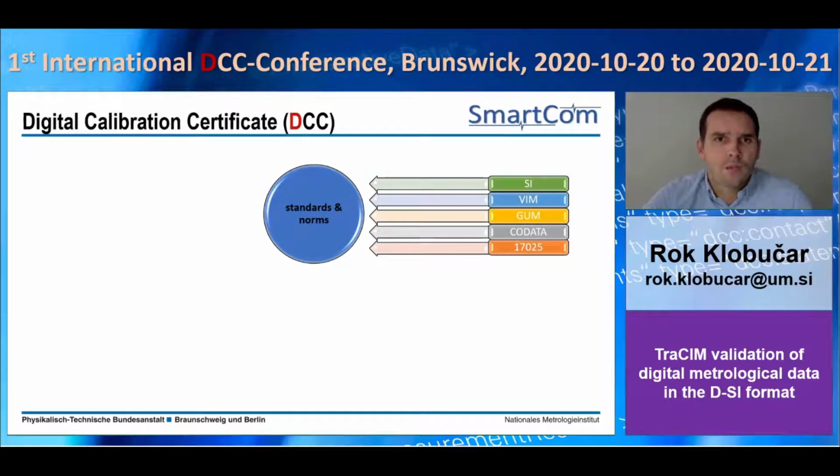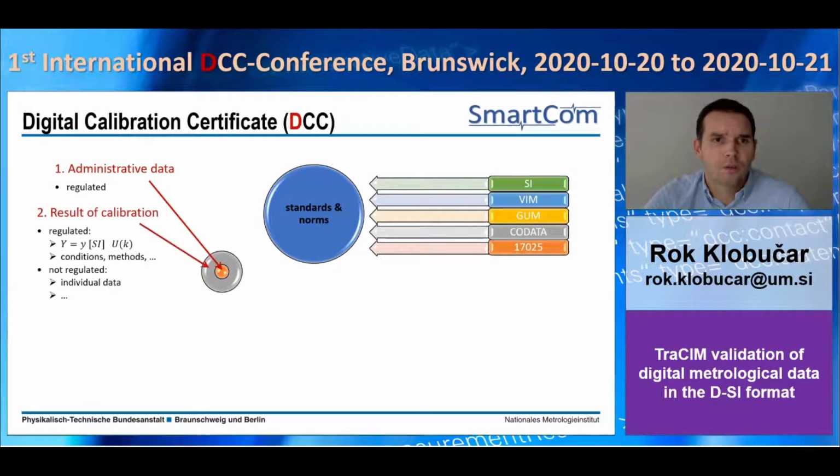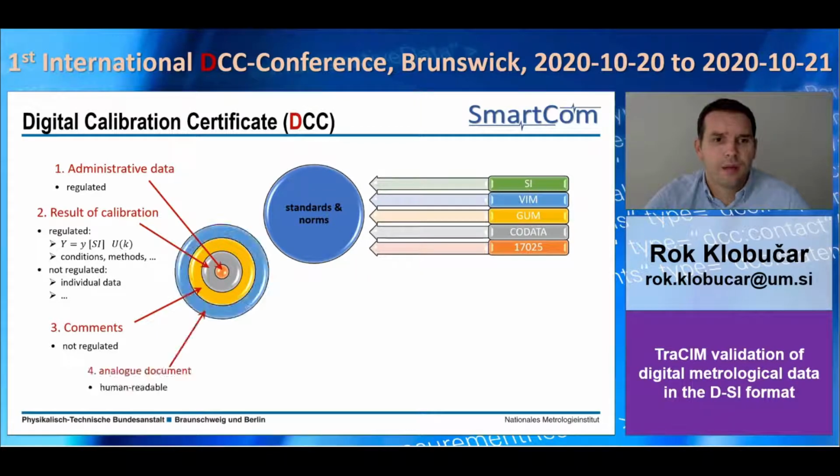Okay, now some words about the digital calibration certificate. Here on the right side you can see the regulations, and so we get the standards and norms. For DCC we also need administrative data, which are regulated, results of calibration, regulated and not regulated, and then comments, not regulated, and analog documents. These are human readable.